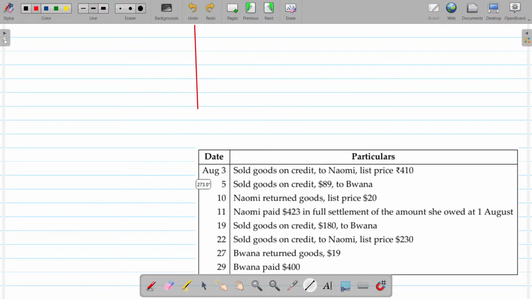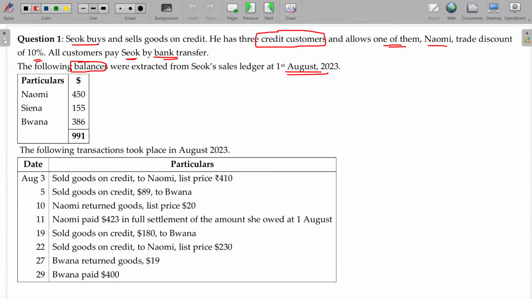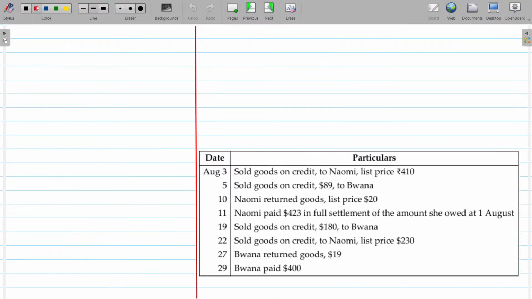See here. In whose book am I going to prepare? In Siok's book, 2023.